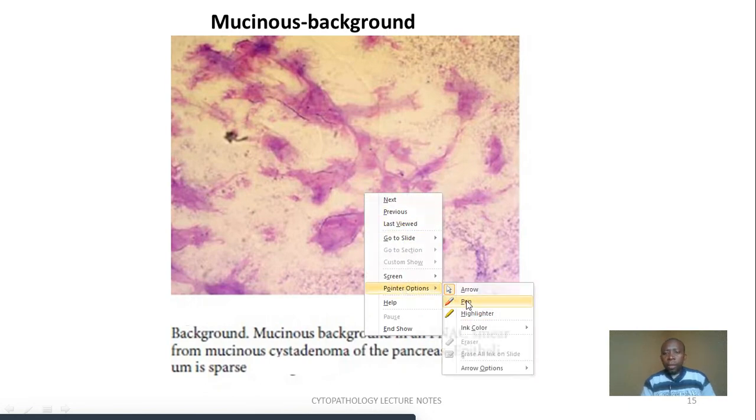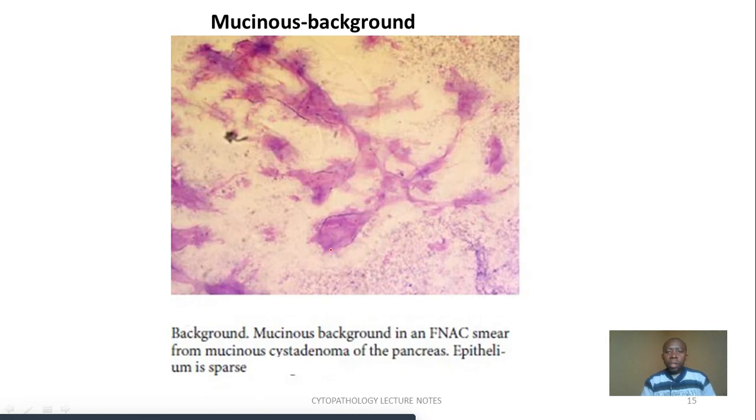Let me pick my pointer here and then we begin looking. So we look at the mucinous background. All this is mucin which is appearing. All this is mucin. So this is very typical of a mucinous background. And sometimes this mucin can also obscure cells and render our slides unsatisfactory for evaluation in some cases.